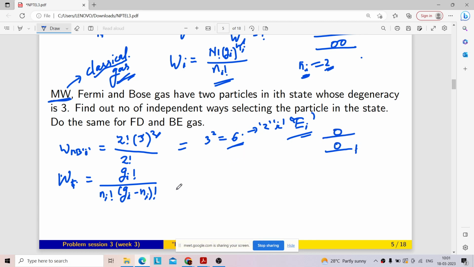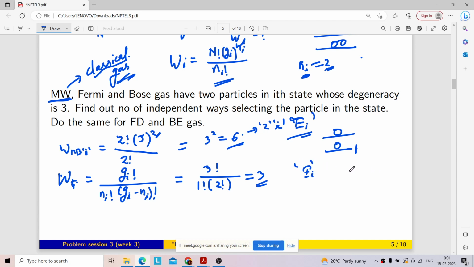So this will be 3 factorial divided by 1 factorial times 3 minus 1, which is 2 factorial. So I'll have three ways of arranging this two fermion gas in this ith energy state.